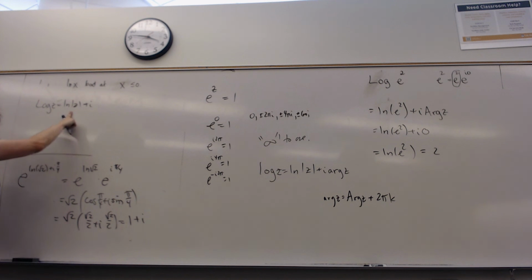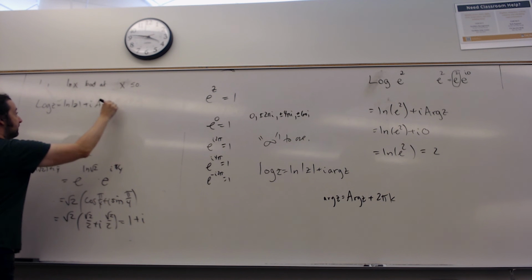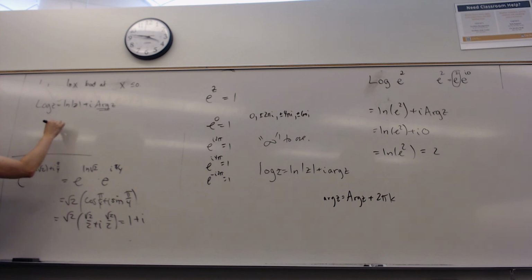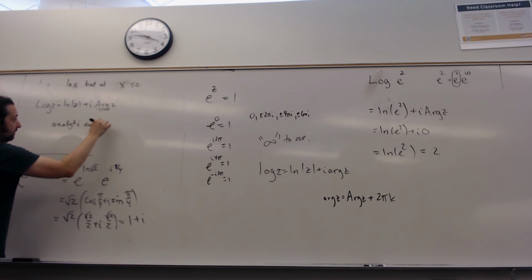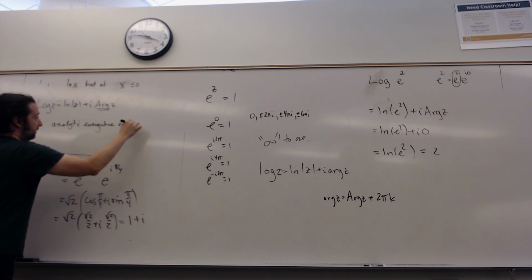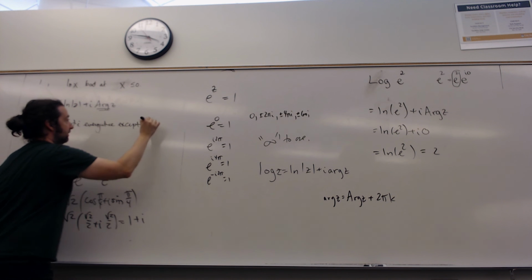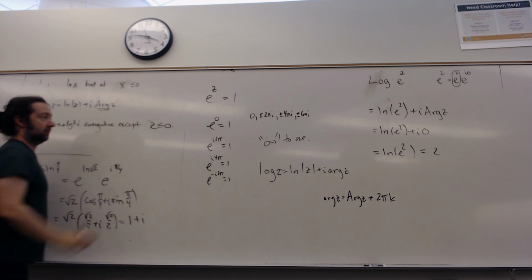Oh, and 0 is bad. ln has no idea what to do with 0. Because there's an arg z in here, this function is analytic everywhere except all values of z that are less than or equal to 0.